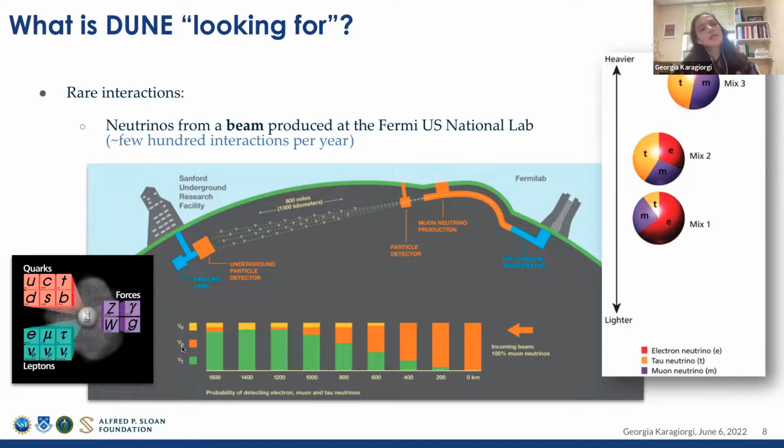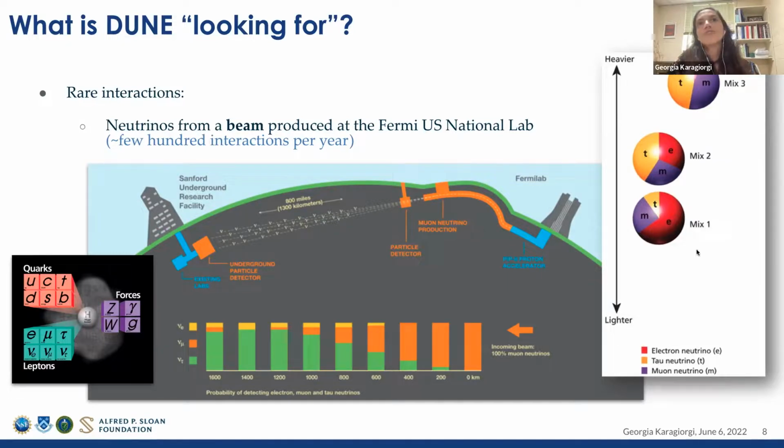And what this allows DUNE to do is to very precisely understand how neutrinos oscillate from one flavor to another. So this neutrino oscillation is a quantum mechanical effect that neutrinos exhibit. They can change from one flavor to the other as they propagate through space-time, because they are known to have non-zero masses.